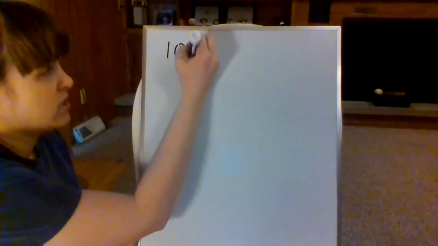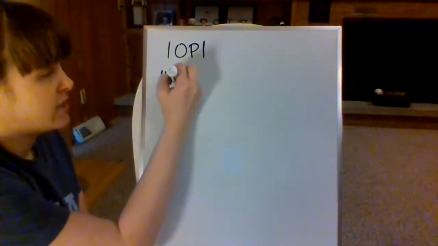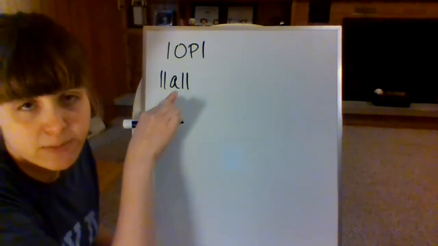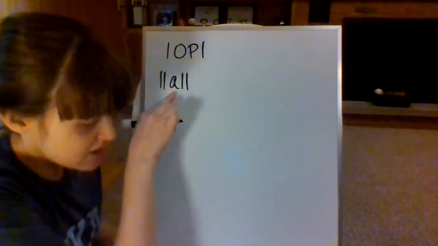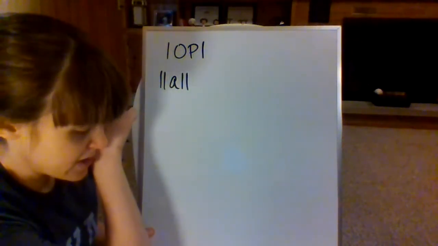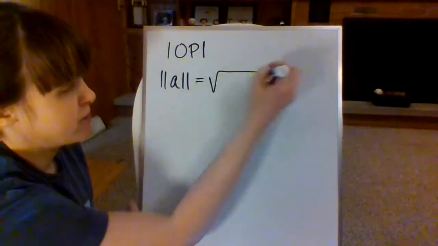So again, magnitude of a vector is basically the length, and it's either represented with one absolute value or like this. So if this were vector A, this represents its magnitude. If this was vector OP, that could represent its magnitude. Okay, so the magnitude of a vector, this is the formula.